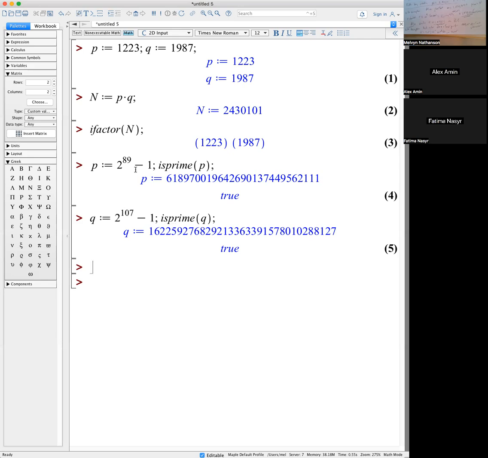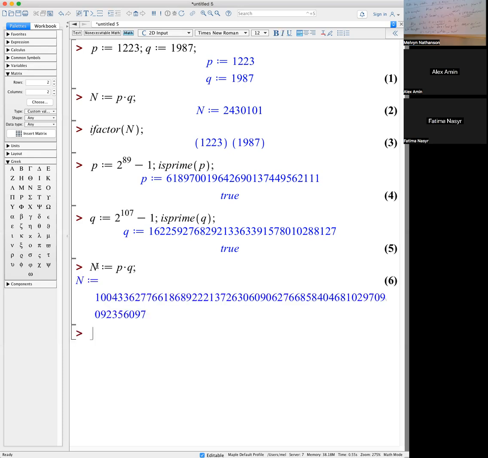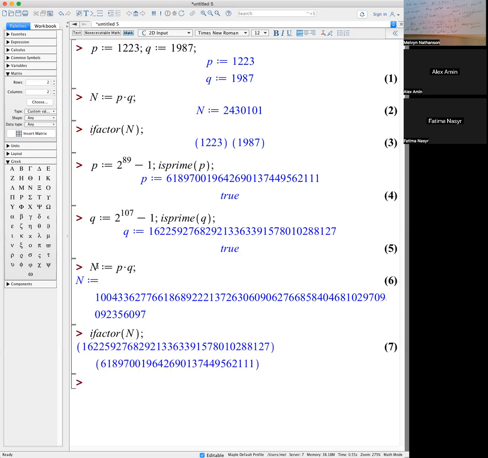So if I let N be P times Q, that's N. See if Maple can factor that. Oh, it did factor. Good for me. Okay.